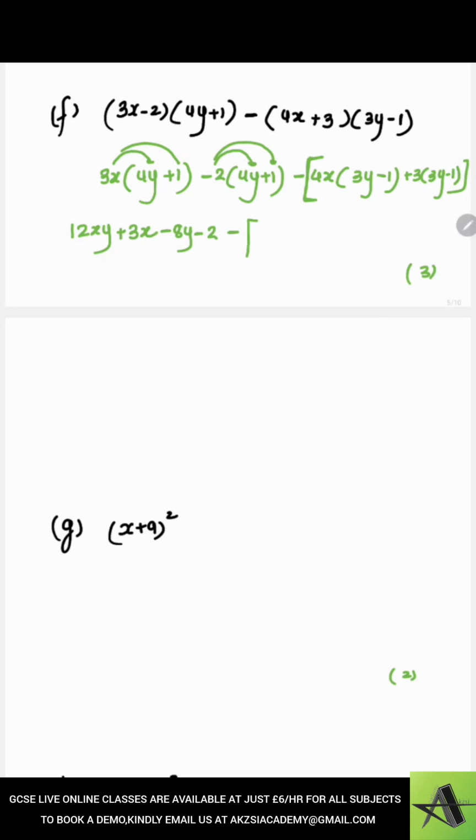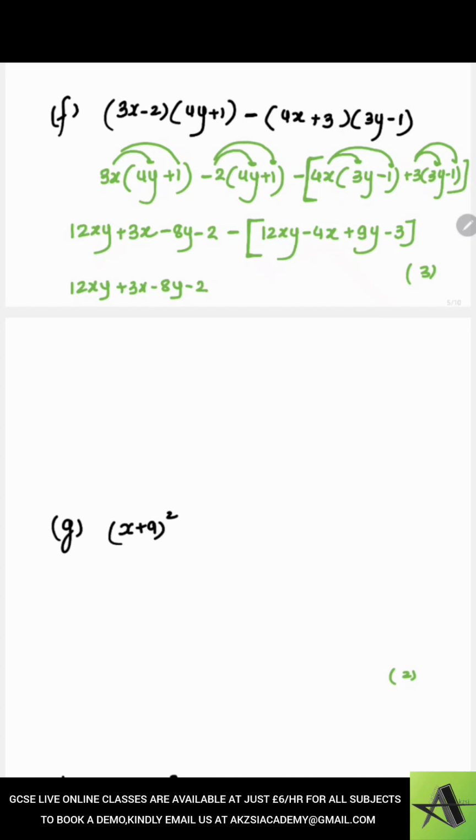Minus, and now simplify whatever there is inside the bracket. 4x times 3y is 12xy. 4x times minus 1 is minus 4x. 3 times 3y is 9y. And 3 times minus 1 is minus 3. So this will be 12xy plus 3x minus 8y minus 2.